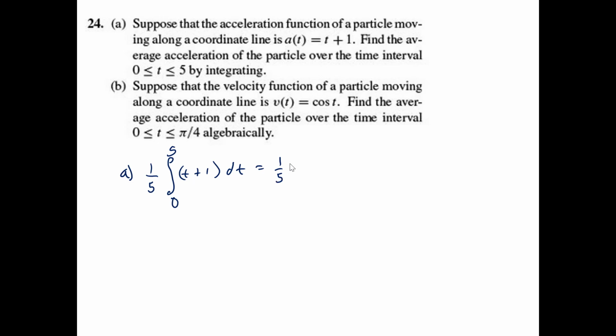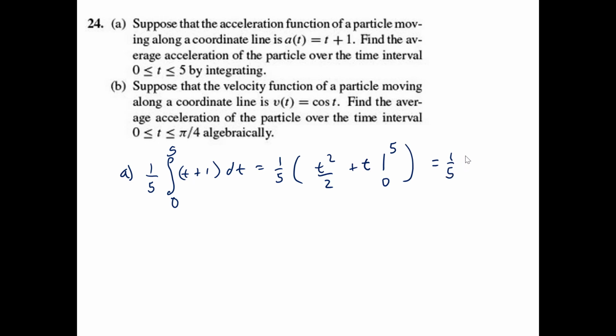which is then 1/5 times t squared over 2 plus t, evaluated from 0 to 5. So then you get 1/5.